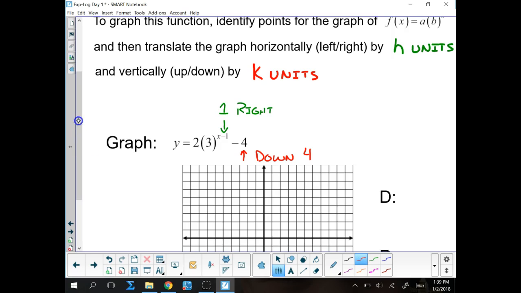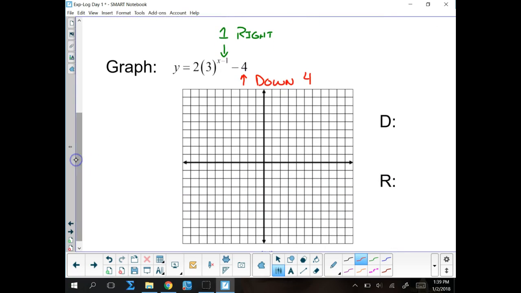Now, if I were to think of this graph non-shifted, it would look like that, correct? Okay.